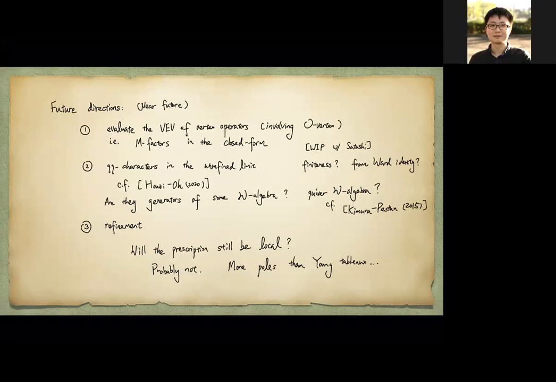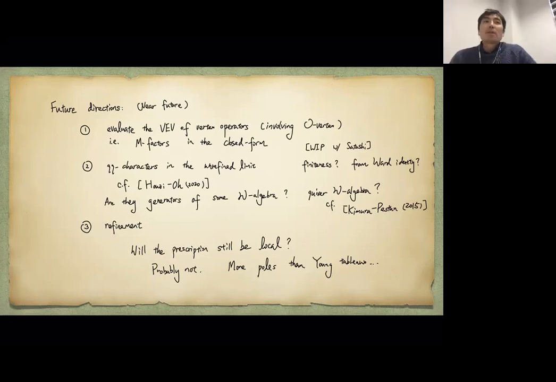But in the refined case, maybe we can do something strange and require it to reproduce the result, but it will look quite different from the usual topological vertex formalism, I guess. Yeah, that's my impression.